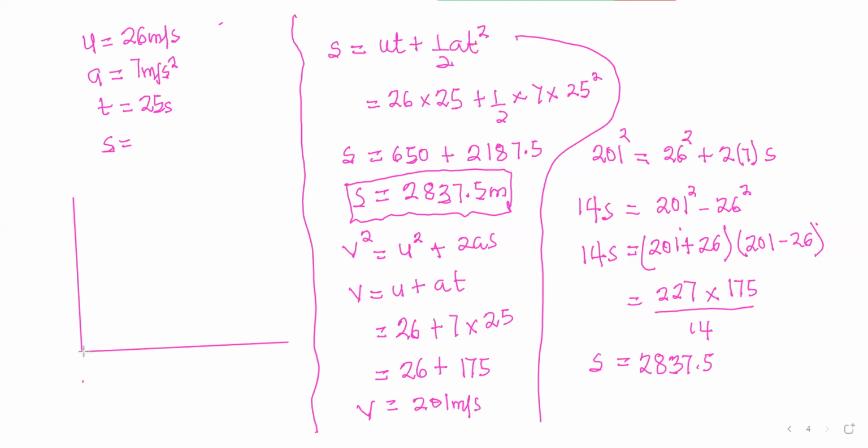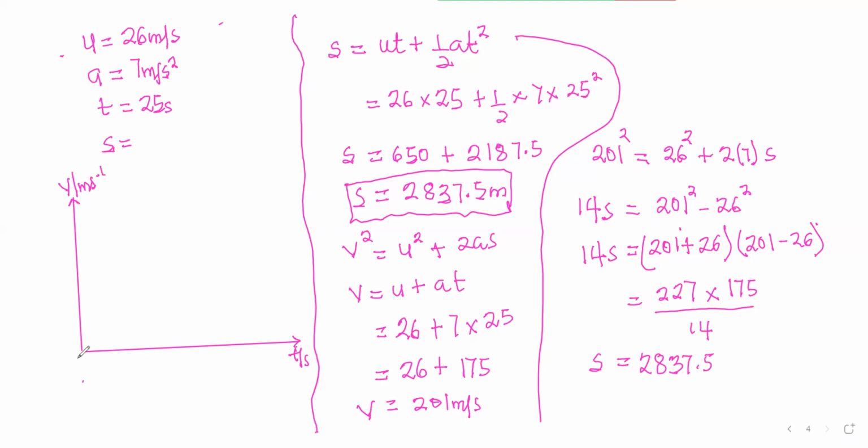Just a sketch. So a body starts with an initial velocity of 26.